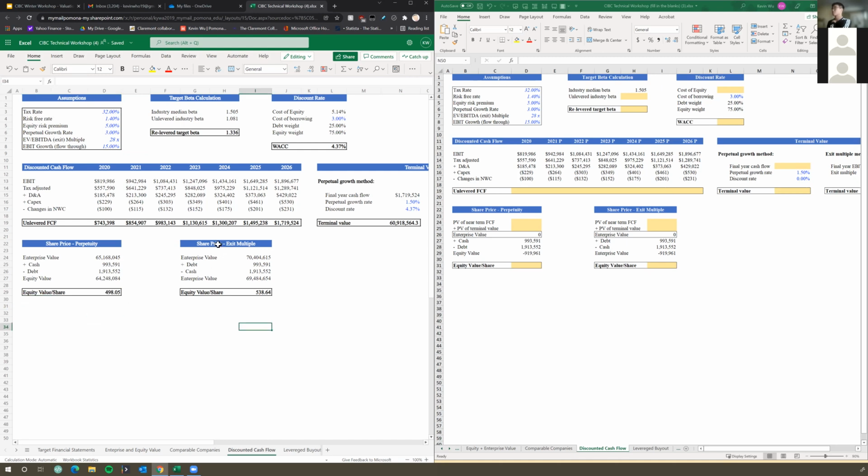So walking through what we have here, we make a series of assumptions based off of what we think about the company. How do we do that? Well, we can look at our comparables to say, how are current companies that are similar in the industry performing? And then how do I think that they should be performing similarly? Another way is I could tell a story about a company. Say, for example, Costco.